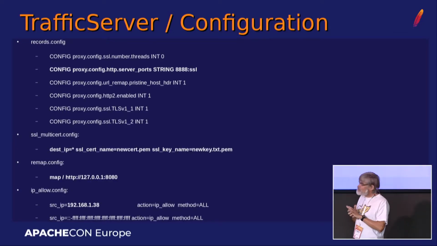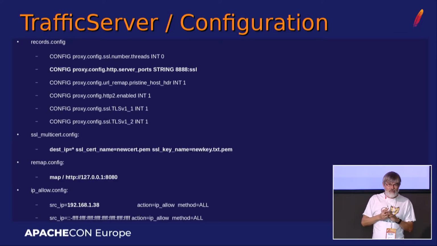In HTTPD, you have one big file. In TrafficServer, you have a lot of small files. I like HTTPD for one reason, that everything is in one file, and I dislike it for the same reason, because if you are doing some tries, you end up with a huge file and you don't know what to do with it. In TrafficServer, everything is in a small file, so when you start to use it, it's very annoying, because you never know where you have to put the stuff.